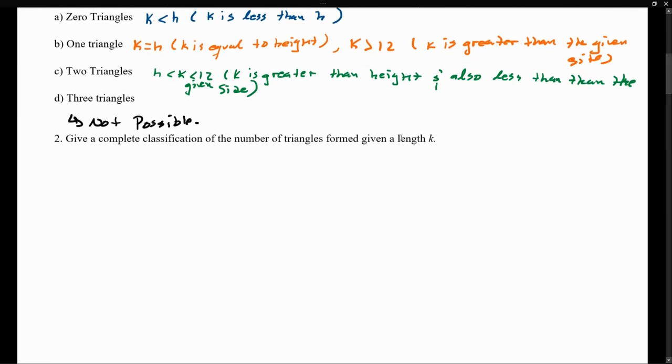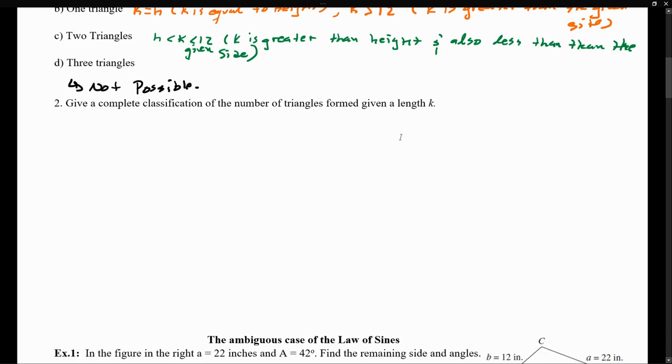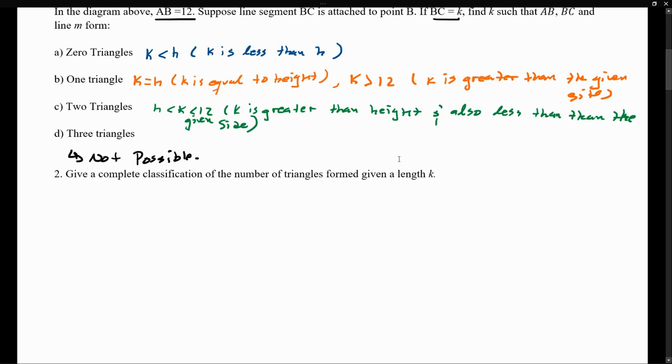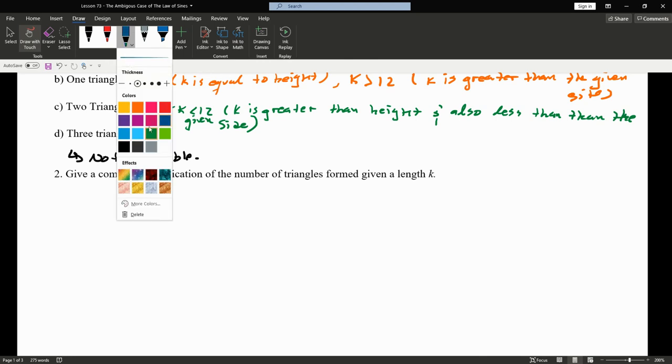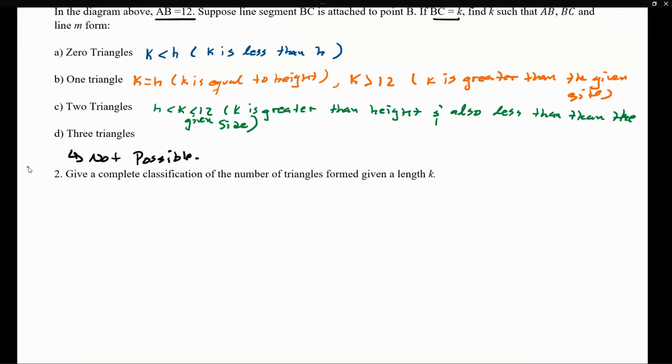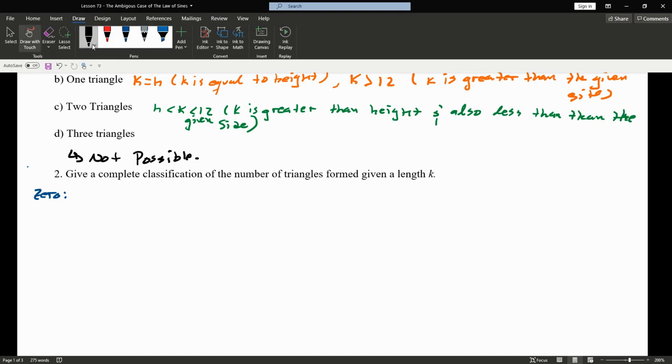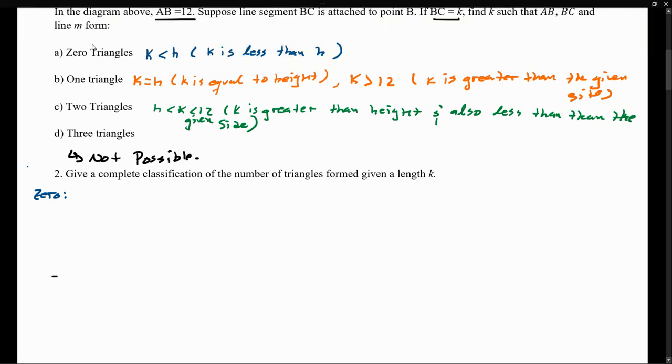So just to summarize, we could have different situations here. We could have the situation where we have zero triangles. And again, notice that I'm trying to do the same problem, I'm just going to try to summarize this.